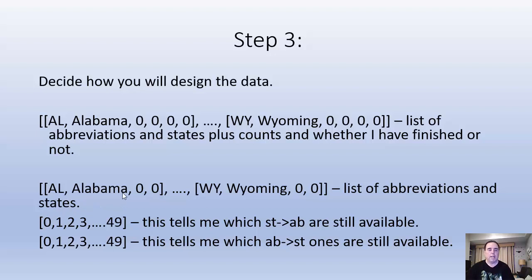It's going to go to Alabama, and it's going to mark this 1, whether I get it right or wrong, and say I have done this once. If it comes up again and I get it wrong, it's going to make this 2. Again I got it wrong, I get 3. Now let's say I get it right. It's going to make this 4, and then it's going to scratch this 0. Going to delete it. Bye-bye.